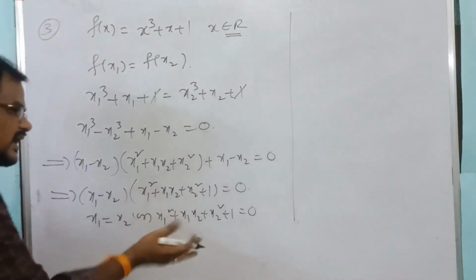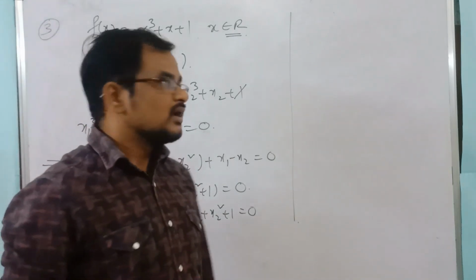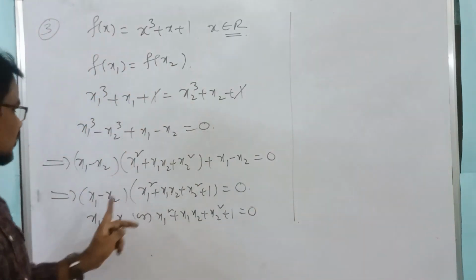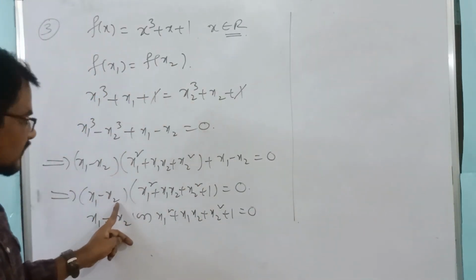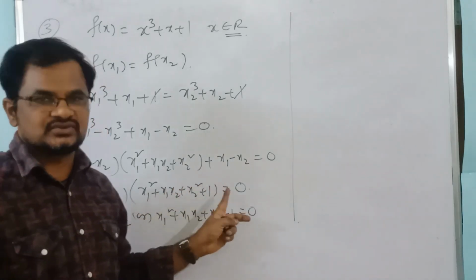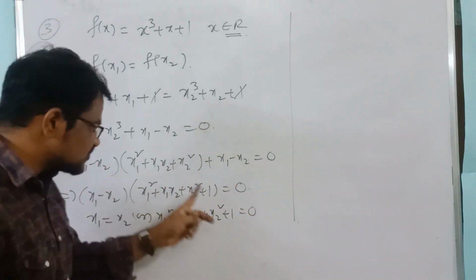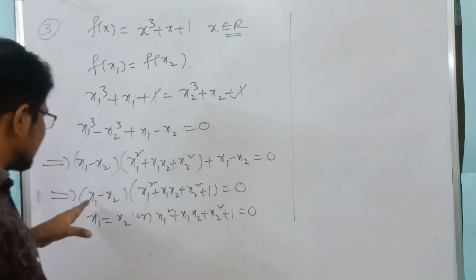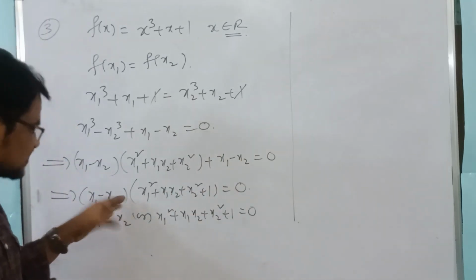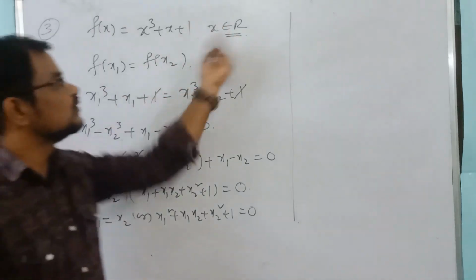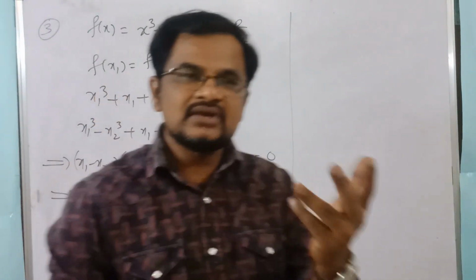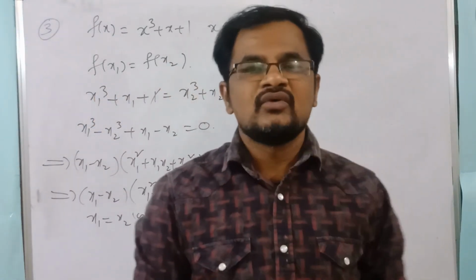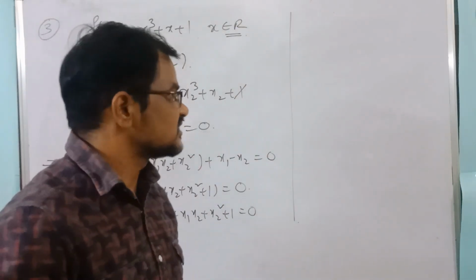So this is also like the previous problem. f of x1 minus f of x2 equal to x1 minus x2 into g of x1 x2. If this g of x1 x2 equal to 0 gives a solution which is other than x1 equal to x2, means other than this solution, and belongs to the domain of the function, then we can say it is many to one function, otherwise one-one function, right?